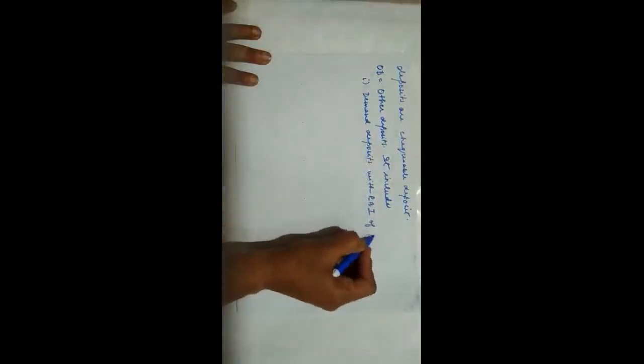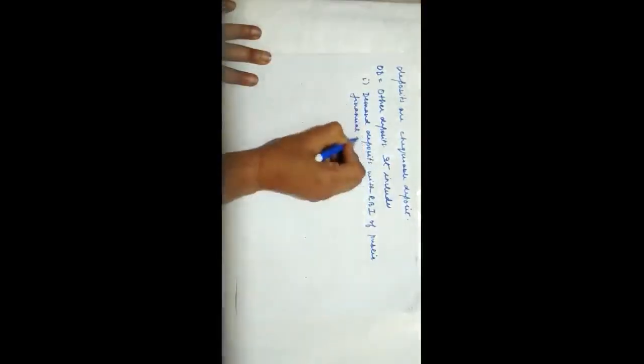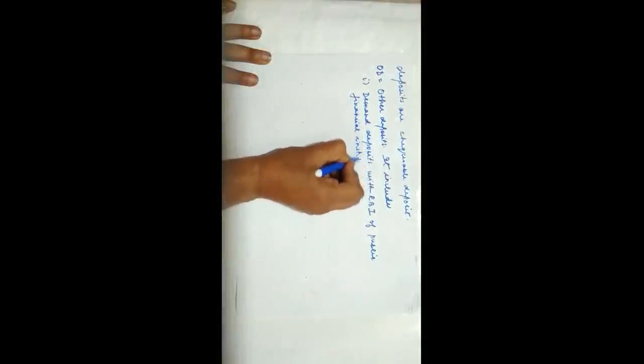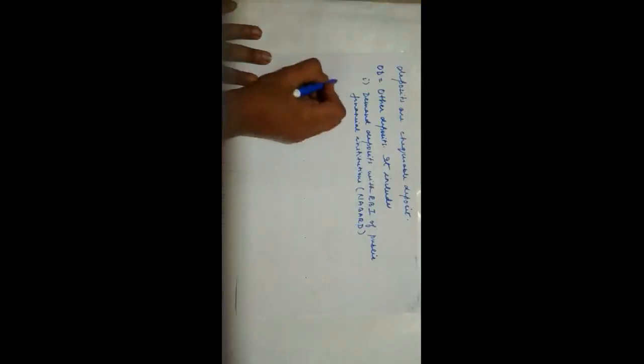Demand deposits with RBI of public financial institutions like NABARD. Okay, it is an apex institution in the agriculture sector for giving loans.